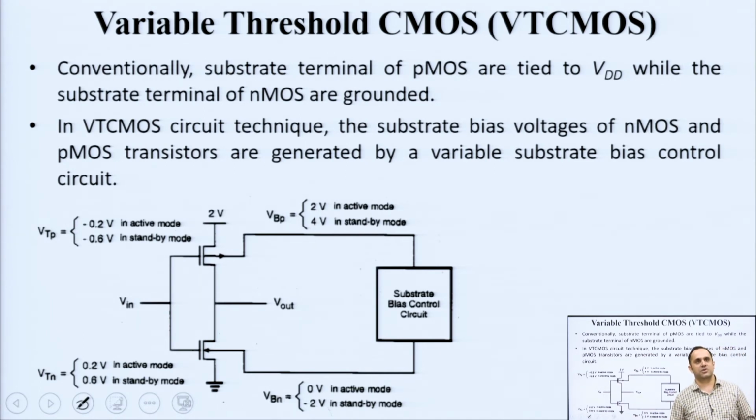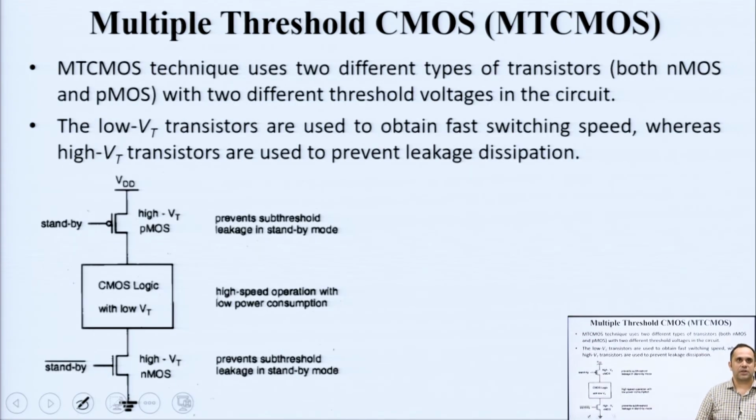This technique is variable threshold CMOS or VT CMOS. Another technique which more or less uses the same mechanism is multiple threshold CMOS or MT CMOS. As the name suggests, here you use transistors with different values of VT. So, you are going to have a PMOS with high threshold voltage and an NMOS with high threshold voltage.